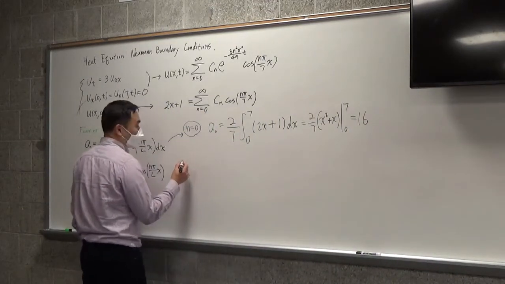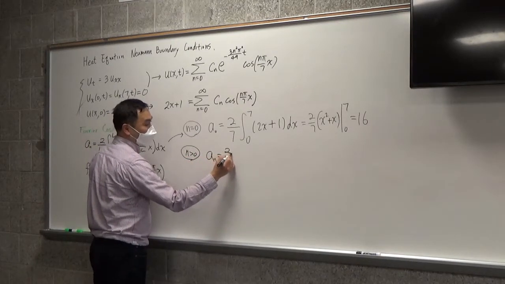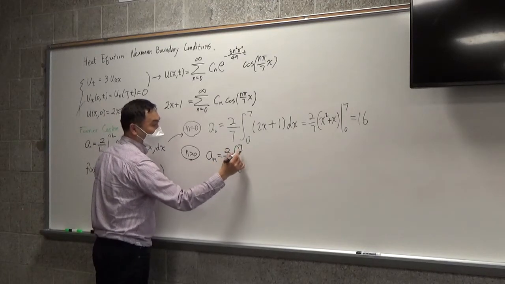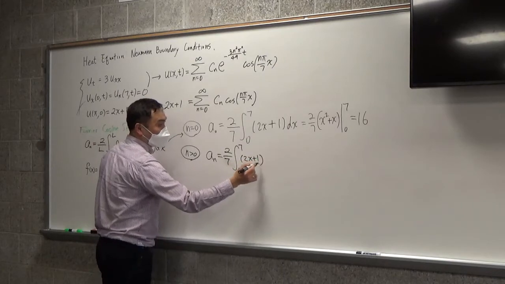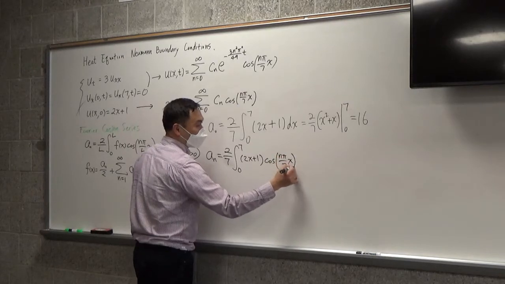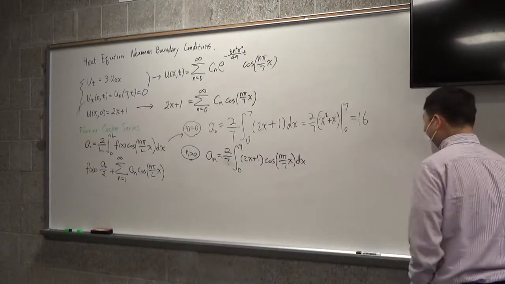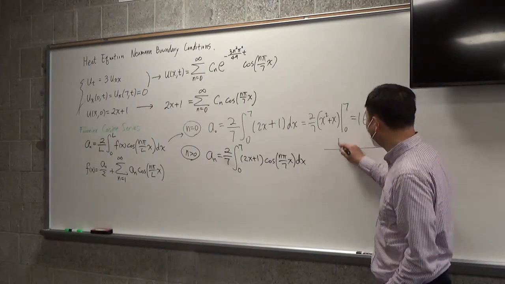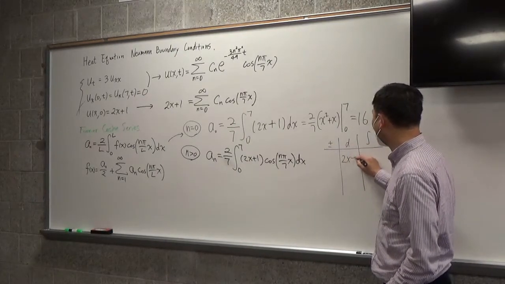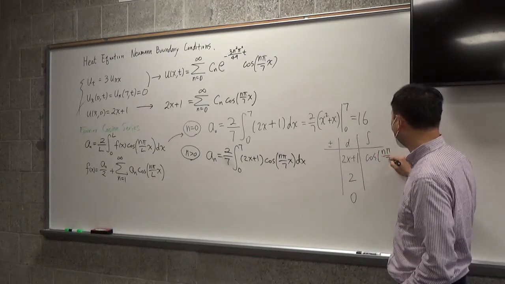And then when n is greater than 0, you get an as 2 over 7 times the integral from 0 through 7 of (2x plus 1) cosine(n pi over 7 x) dx. And this one we have to use tabular integration. So let's put the plus minus signs, the derivative of 2x plus 1 being 2 and then 0, and you have cosine(n pi over 7 x).